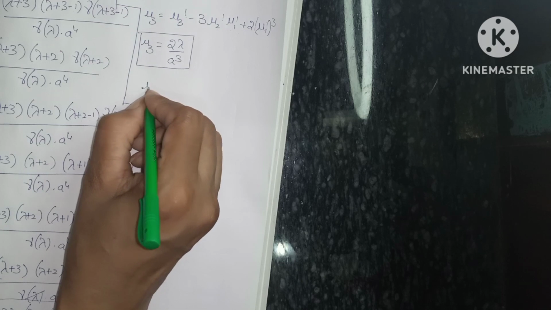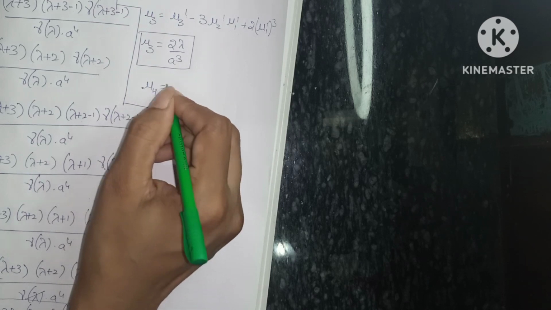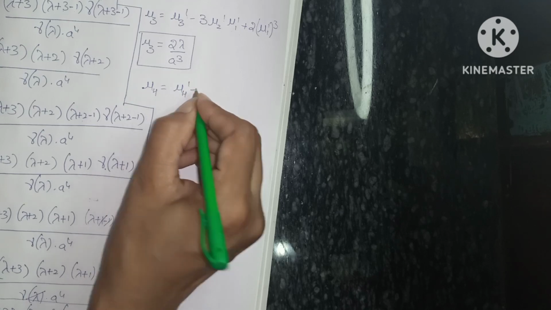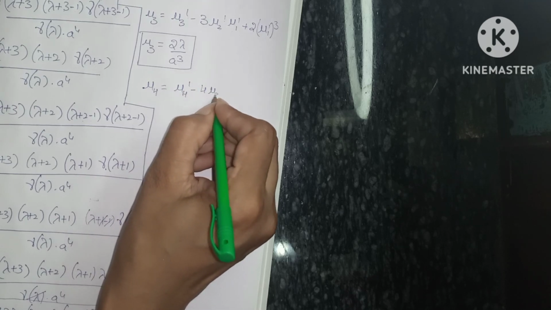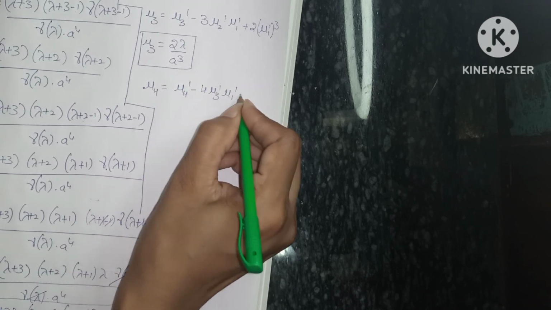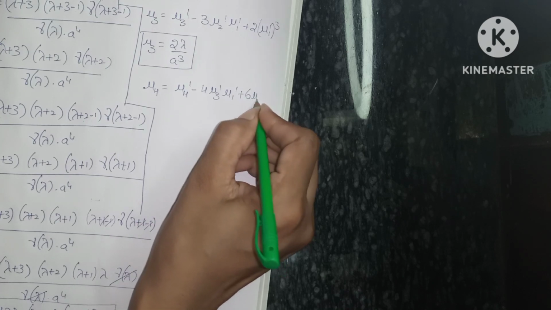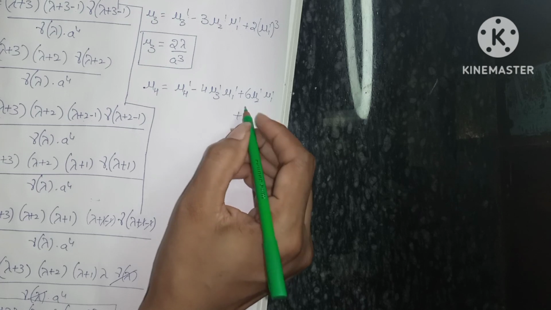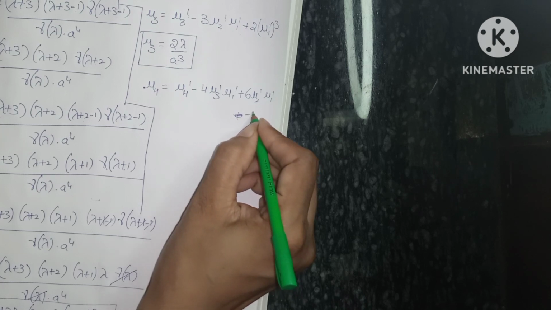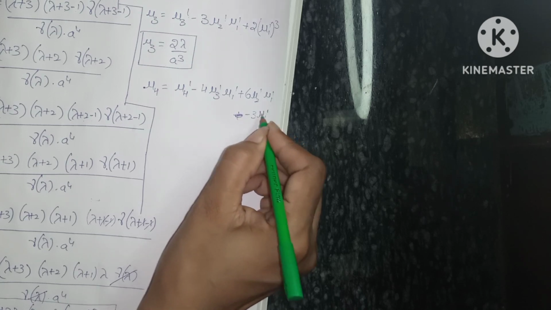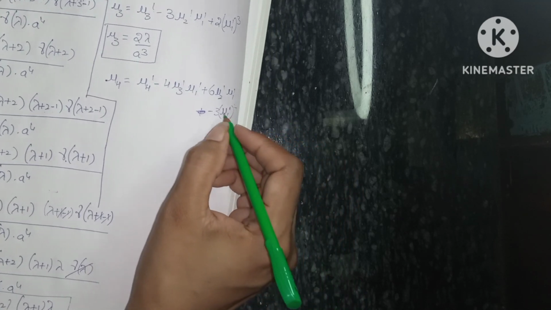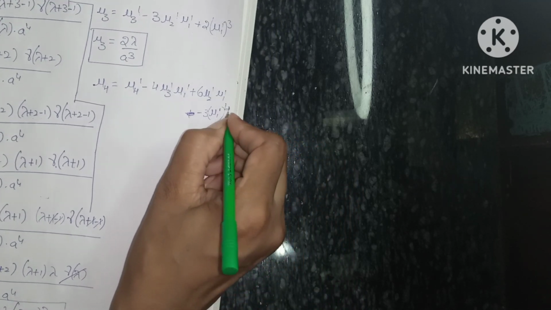Again mu4, the formula we have to write: mu4 dash minus 4 mu3 dash mu1 dash plus 6 mu2 dash mu1 dash square minus 3 mu1 dash whole power 4.